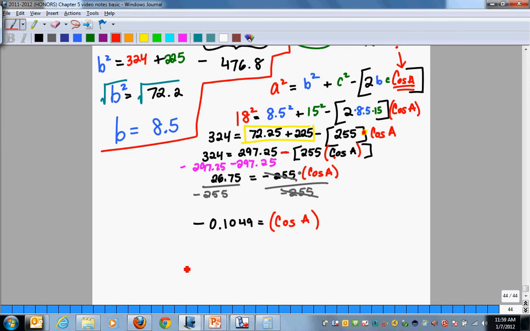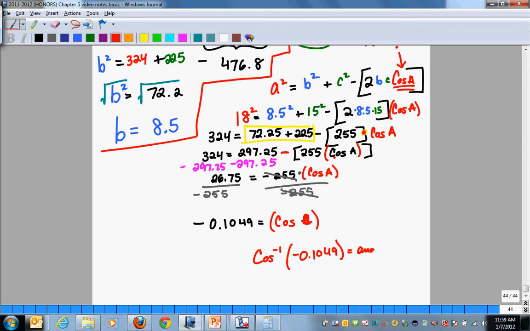So what we're going to use here is called inverse cosine. At this point, we're going to do cosine negative 1 of negative 0.1049. That's going to give us angle, actually that should have been C. Oh, no, is it A? No, it's A. Yeah.